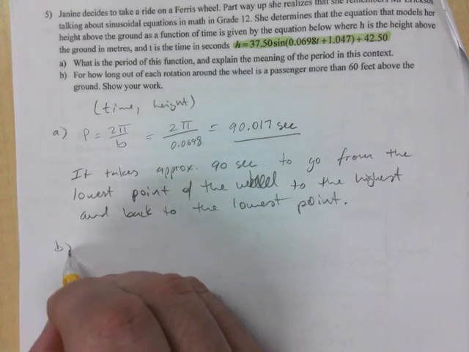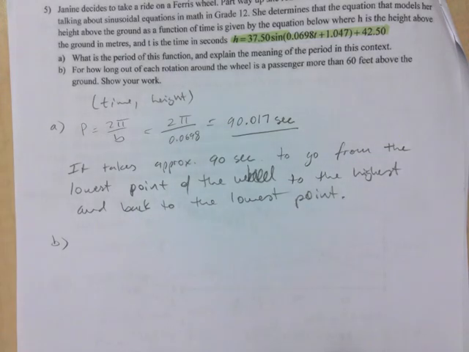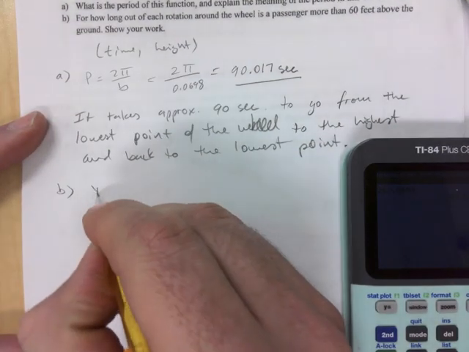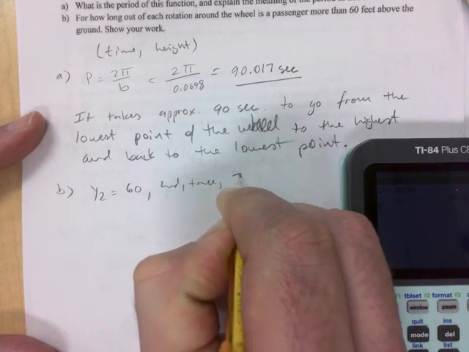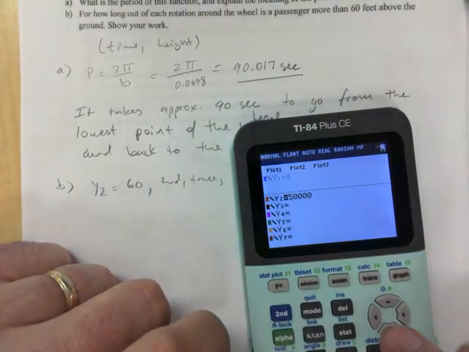B. For how long out of each rotation around the wheel is a passenger more than 60 feet above the ground? Show your work. Okay, so we're gonna y2 is equal to 60, second trace 5. We're gonna find that intersection, but first I need to enter that equation.